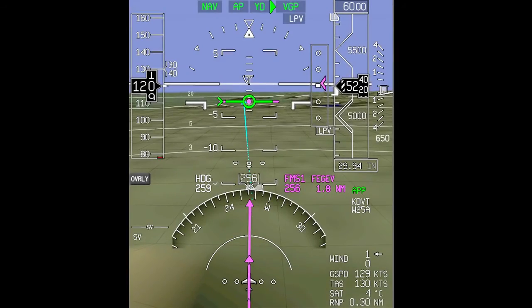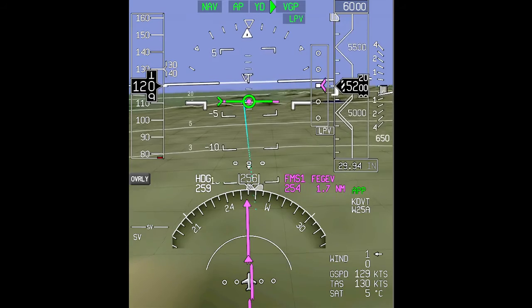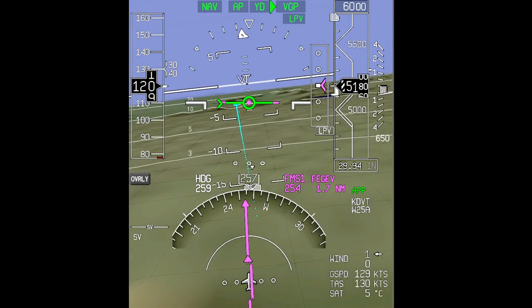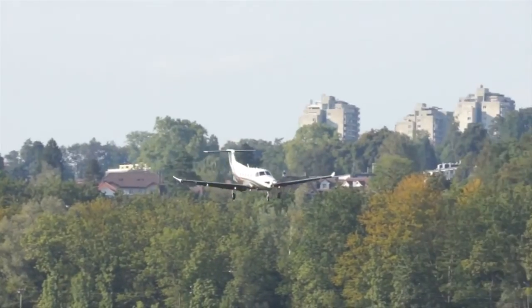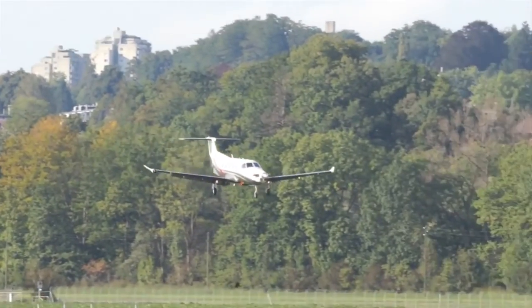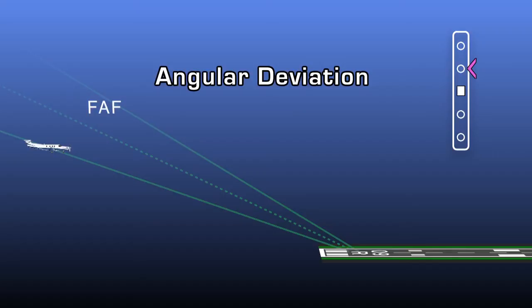Similar to an ILS, when LPV is active on an approach, course deviations are angular instead of linear, meaning the sensitivity of the deviations is increased as the aircraft approaches the runway. To explain further, on an approach using angular deviation, a 1-dot deviation can be equal to approximately 180 feet at the final approach fix, but only 18 feet at minimums.